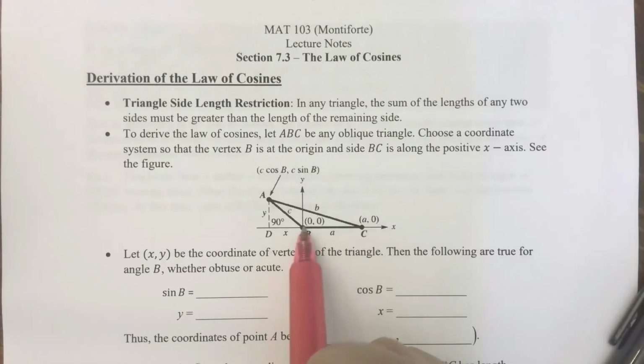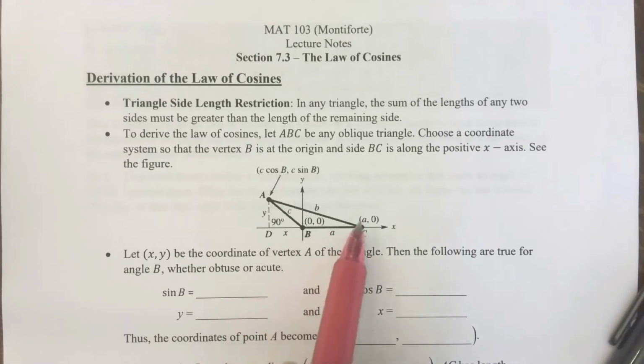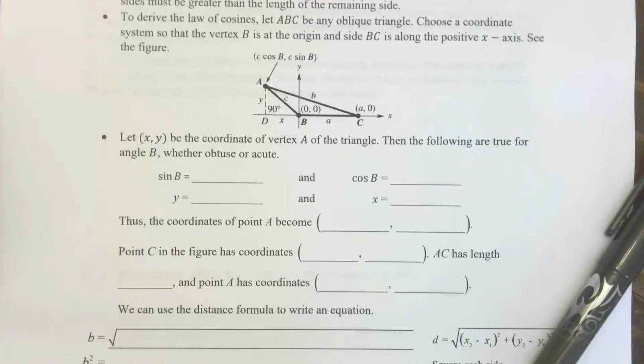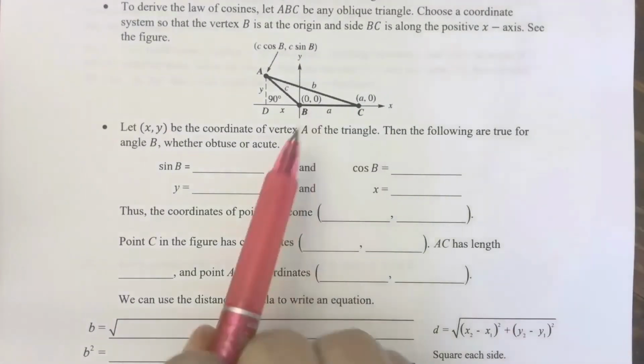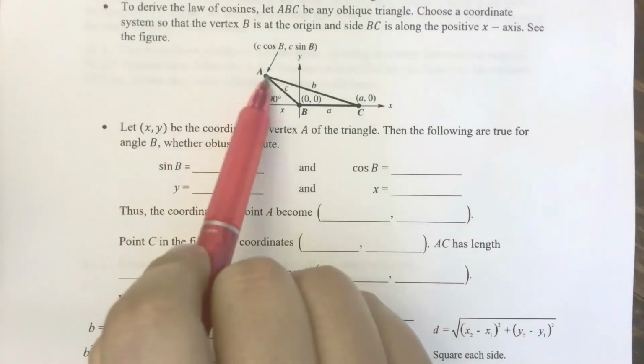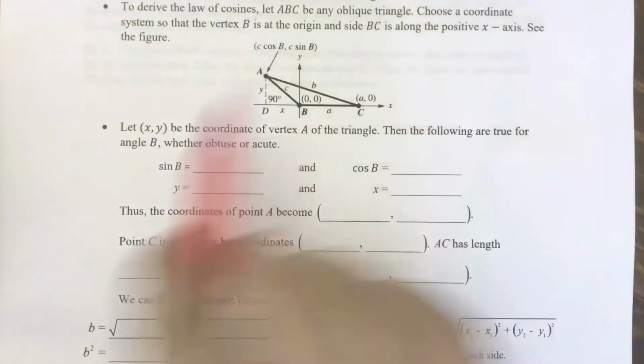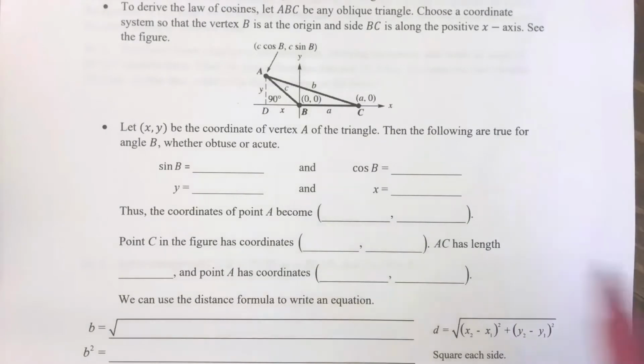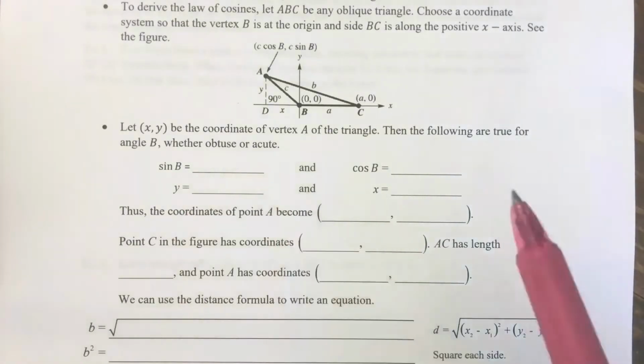B is at the origin, and side BC is along the positive x-axis. We're going to let the point (x, y) be the coordinates of the vertex A, and the following are going to be true for angle B, whether B is obtuse or acute.